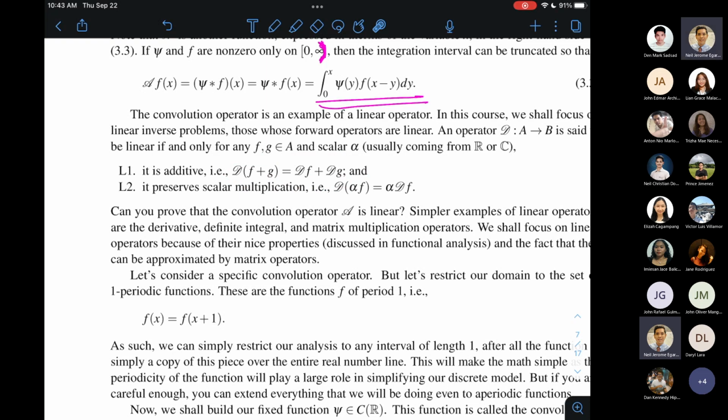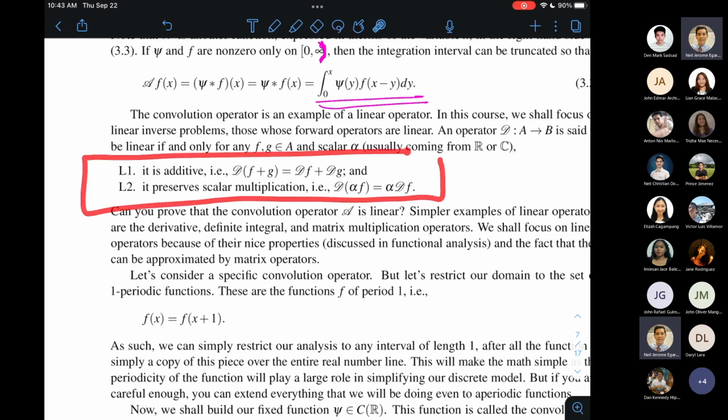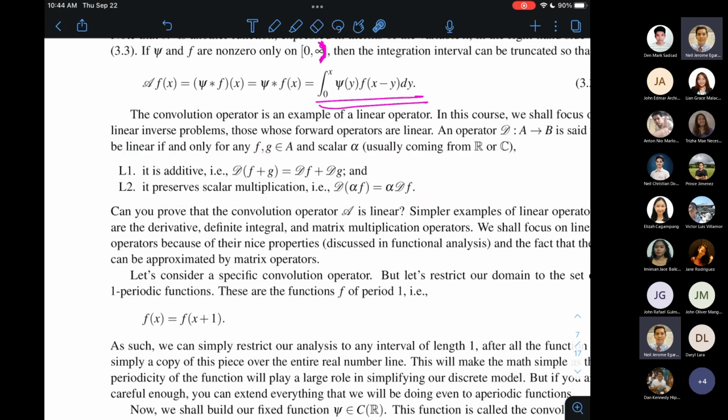And then if it preserves scalar multiplication, if the image under an operator of a scalar multiple of f ay equal lamang sa scalar multiple nung image ni f under the operator, then it preserves scalar multiplication, right? So ang image ng scalar multiple ay scalar multiple ng image. If these two properties are satisfied, then we say that we have a linear operator. So si D ay linear operator.